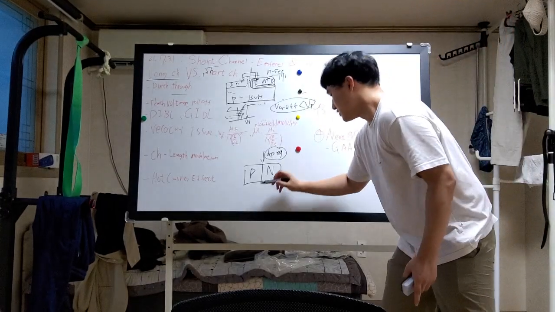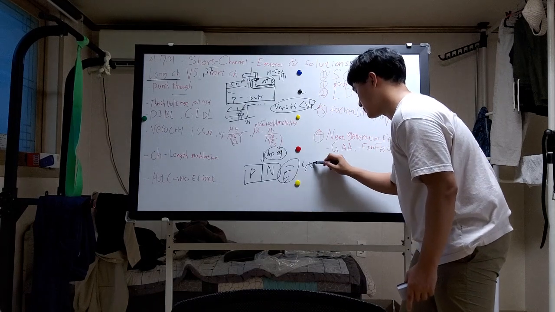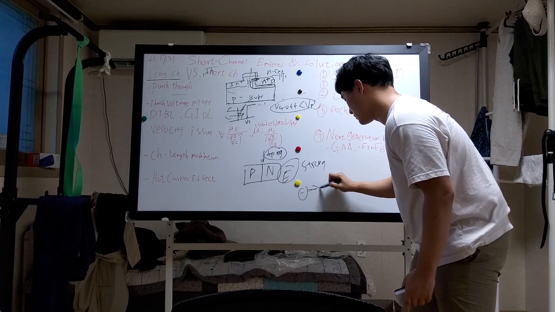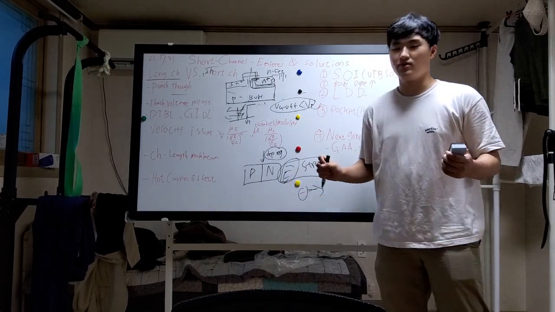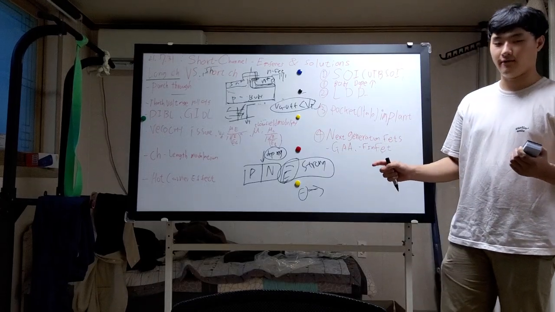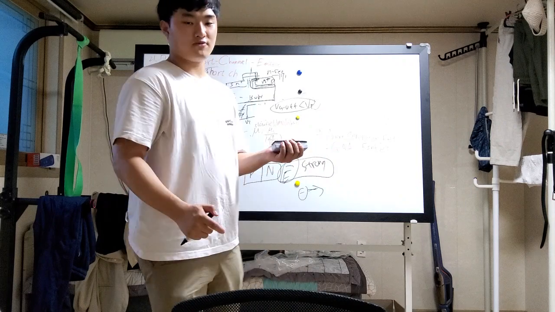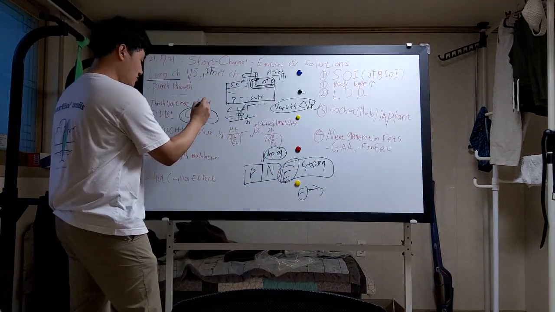By the strong electric field, carriers will move with the electric field. So we call this the drift effect, and by this, the drift current will happen. So this is the leakage.